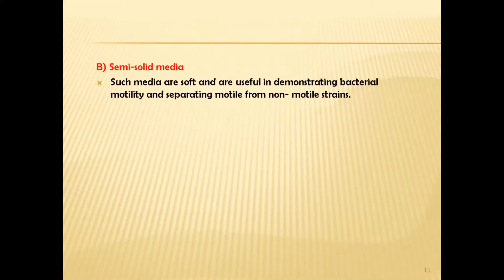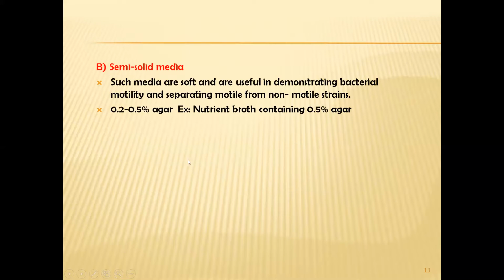Then semi-solid media are soft and useful in demonstrating bacterial motility and to separate motile from non-motile strains. An example is nutrient broth containing 0.5% agar. So here the concentration of agar is only 0.2 to 0.5%.